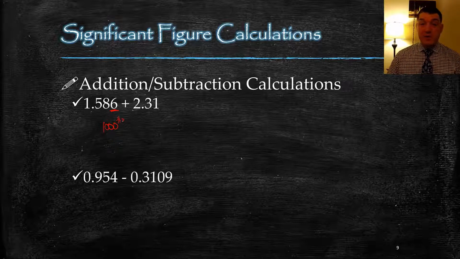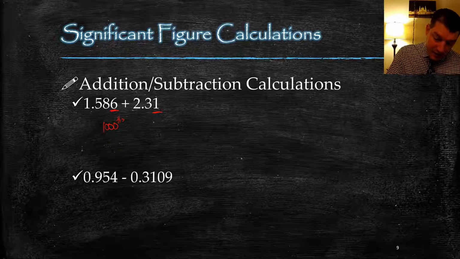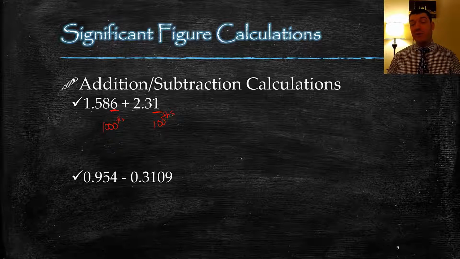The one furthest to the right in 2.31 is the 1, and that's in the hundredths place. We're not looking at the number of significant figures, we're looking at the place value, and thousandths are smaller than hundredths. So we go to the largest, smallest significant figure. Right, the largest, smallest. What am I talking about?